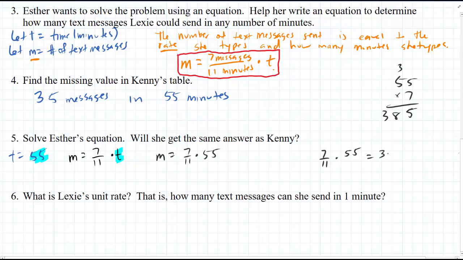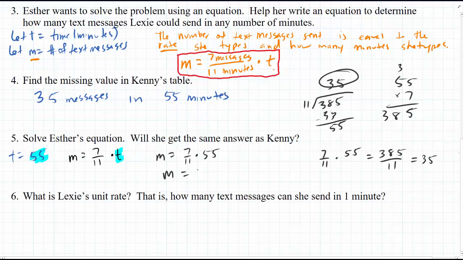So we're going to have 385 over 11. Now we'll go ahead and divide 385 by 11. So that's 35. So m equals 35. So we do get the same solution, the same answer, 35 messages sent.